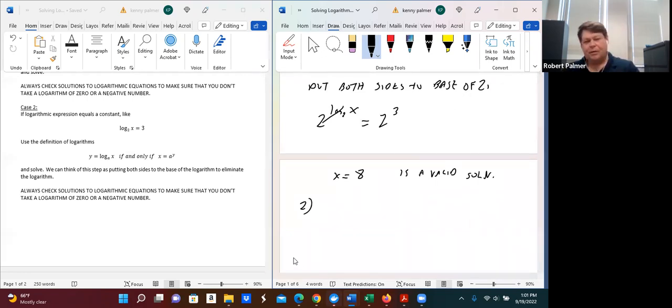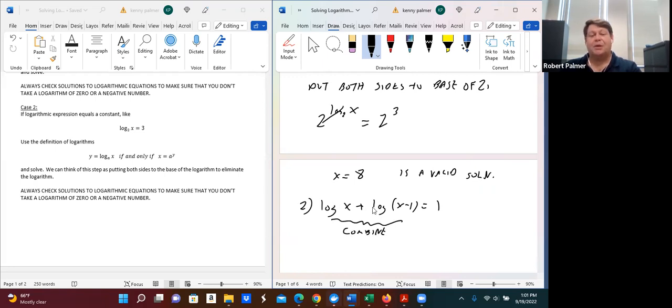And this one we have, going back to log base 10, or log, of x plus log of x minus 1 is equal to 1. Now here, it's also not in this form yet, but we can use those rules of exponents to put it in that form. We want to combine these.